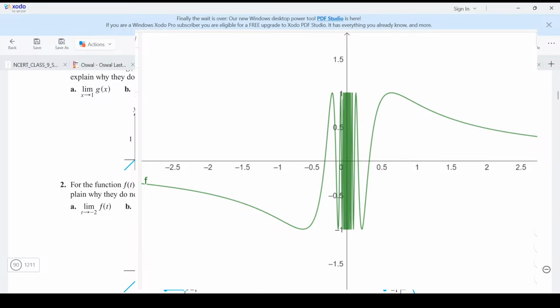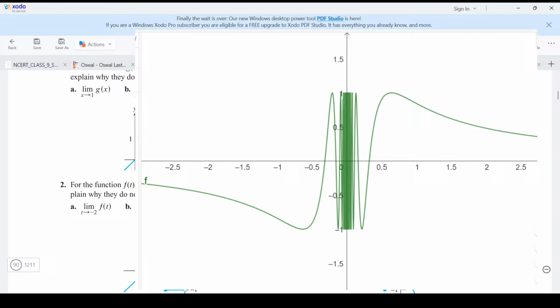See, f of 1.9, what is this value? This is 0.9. You are approaching from the right-hand side, from right to left. What is f of 1.9?